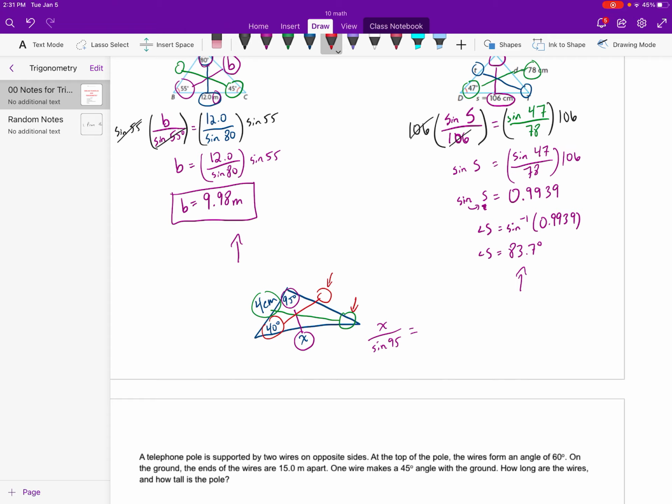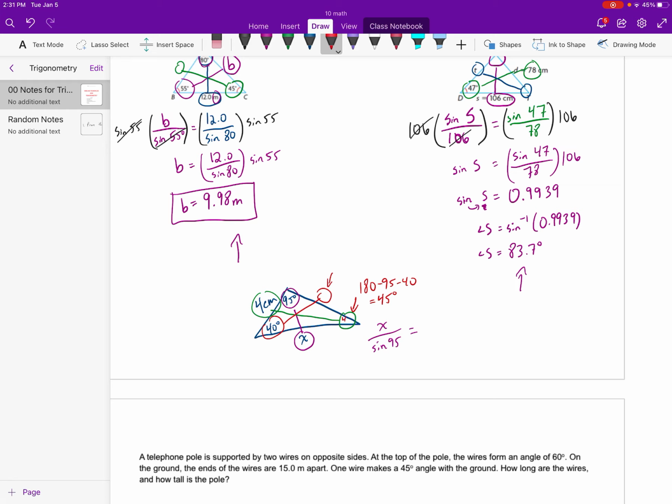But this is actually really quite easy to figure out, because if you have 2 angles, we know that the 3 angles of the triangle should add up to 180. So we'll do 180 minus 95 minus 40, which equals 45 degrees.